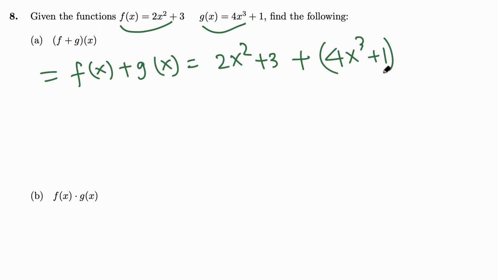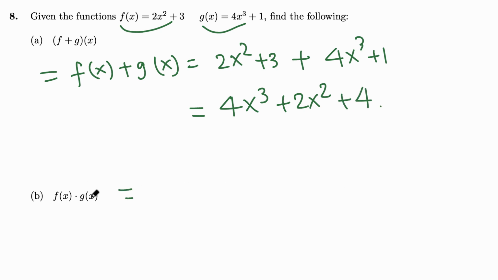We are supposed to write parentheses, but that's not required because plus is not going to change anything. Now we combine the like terms. 4x cubed, there is no other x cubed, so 4x cubed. Here is 2x squared. Now 3 and 1 numbers we can combine, that's 4.